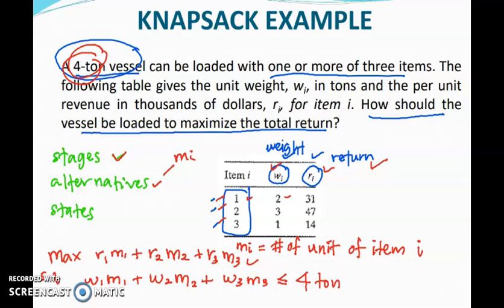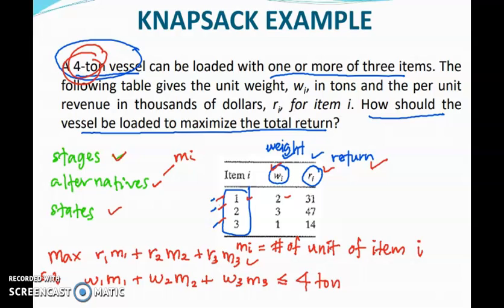But in this case, since we are dealing with the vessel, how many of item 1 should we load into the vessel for stage number 1? For stage number 2, how many units of item 2 should we load into the vessel? That is the alternative.